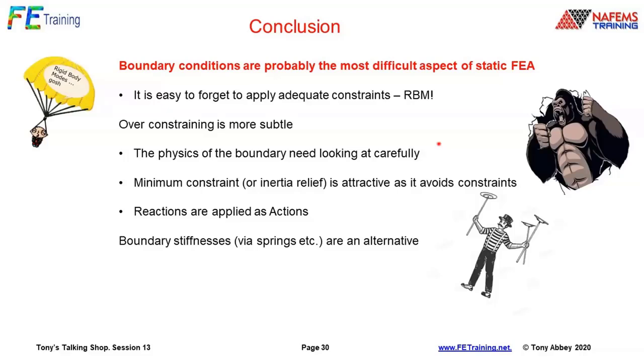We need to look very carefully at the physics of the boundary condition to make sure we got it right. Contrast, for example, the torsional stiffness of my cross members: is it fully built in? Is it simply supported? Those are the extremes. Somewhere in the middle is where we're actually going to be. Now, the minimum constraint method or inertial relief method is attractive because it actually avoids constraints.